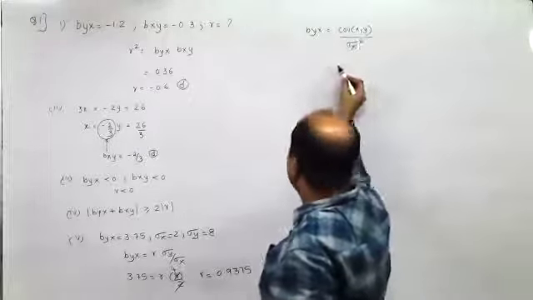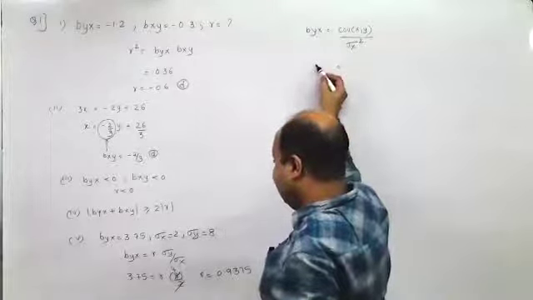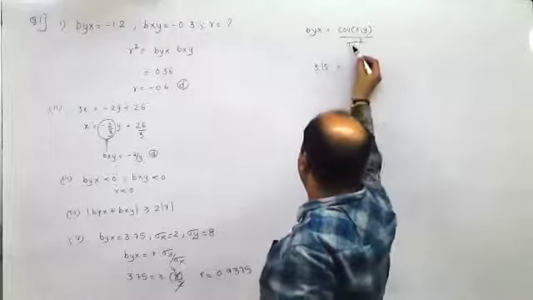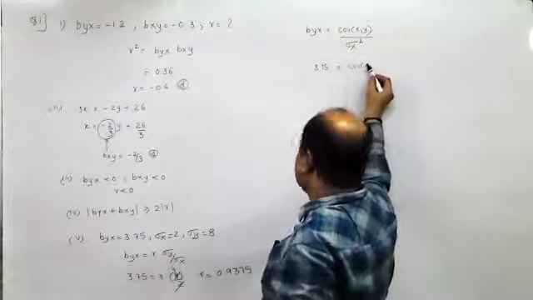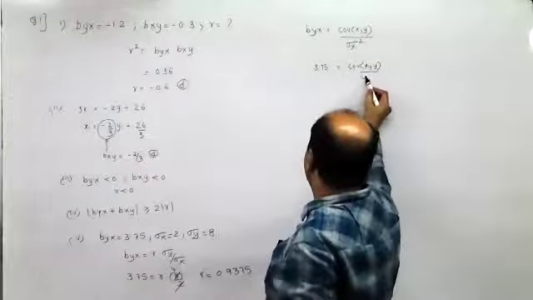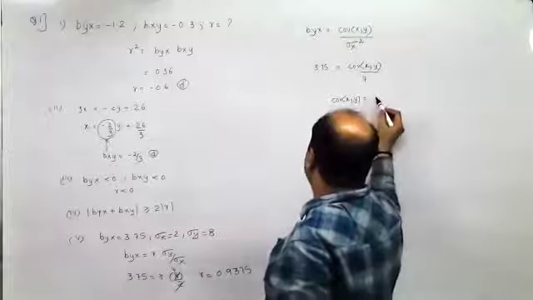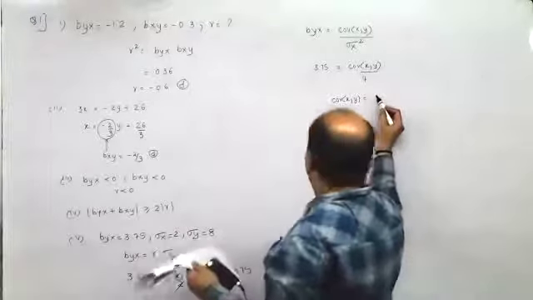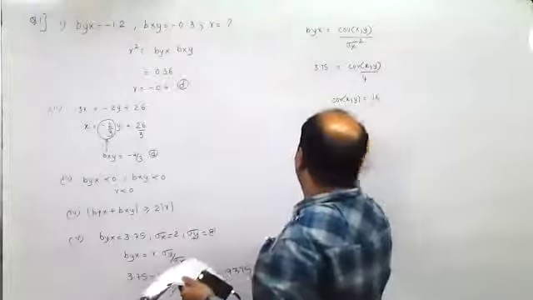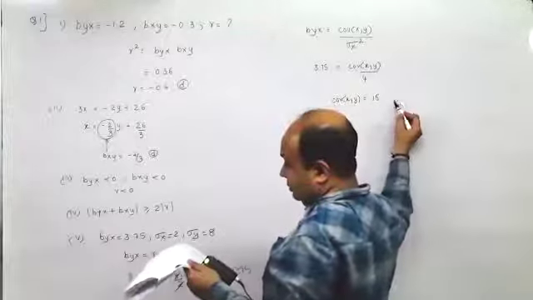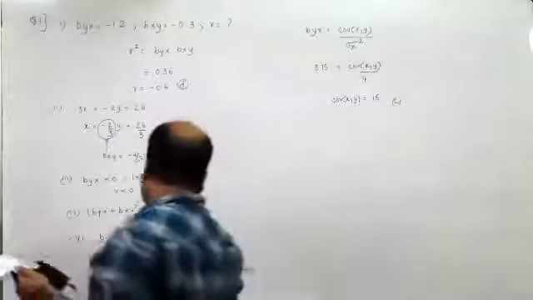What is byx? It is 3.75. Covariance of xy. What is standard deviation of x square? It is 4. So covariance of xy would be 3.75 times 4, so that would be 15. This r is not required.